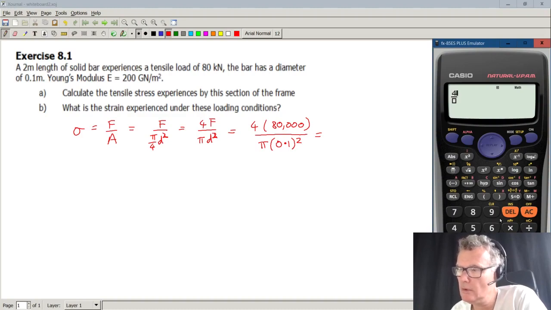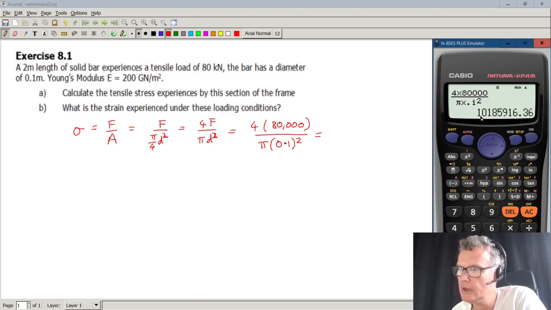So 4 times 80,000. And then I can't seem to go to the bottom. There we go. Okay, need to move like that. So I'm putting a pi in times 0.1, which I want to square.